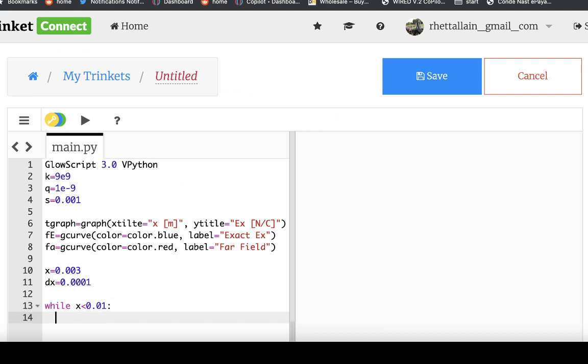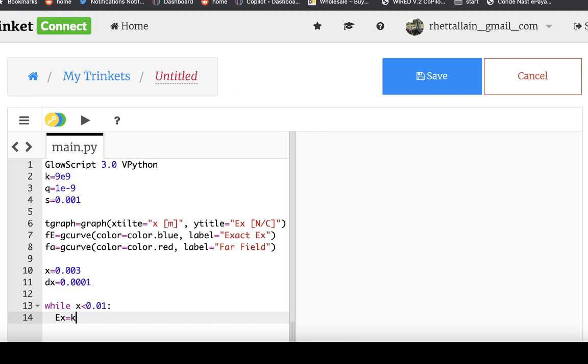Okay, so the first thing I'm going to do is calculate E exact. I'm going to call that EX for exact and for X component. Up here I put K instead of 1 over 4 pi epsilon naught. Okay, that's fine.